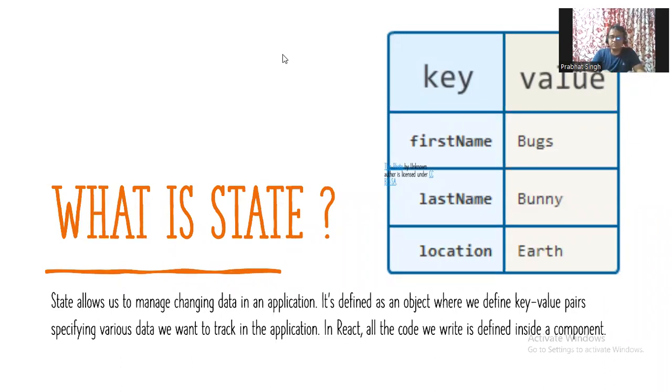So what is state? State is known as a key value pair. You may be confused about what a key value pair is, so let me explain. Suppose we have to change data. In React we cannot directly change the data, because React doesn't work like the DOM.